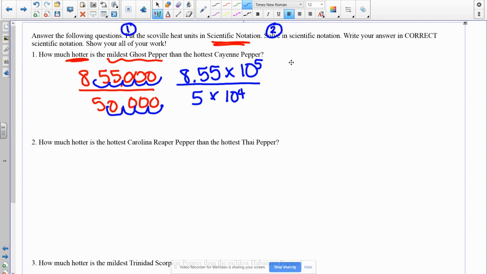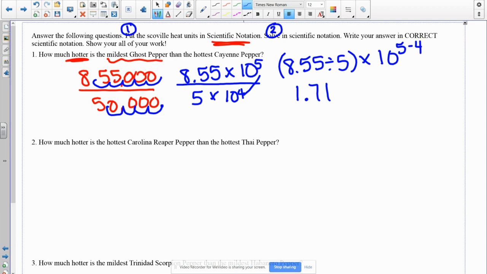So we're going to take 8.55 divided by 5, and that value is 1.71, times, and then we're going to subtract the exponents. So it'd be 10 to the 5th minus 4, which would be 10 to the 1st. So my answer is 1.71 times 10 to the 1st.